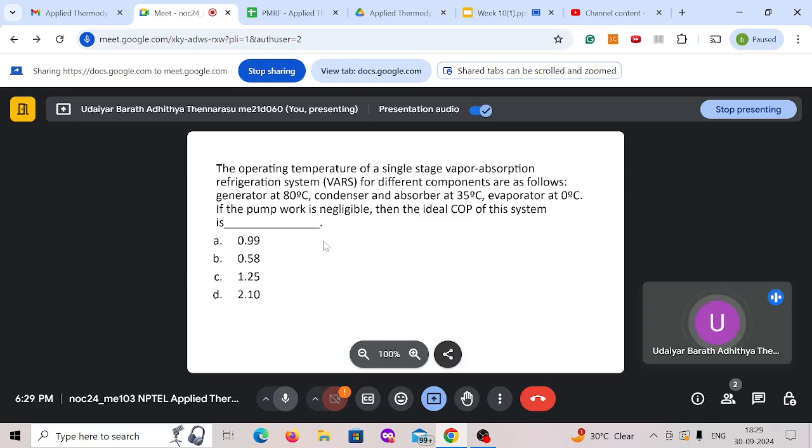So as I previously told while discussing the vapor absorption system, how that is equivalent to a heat engine driving a refrigerator, we'll use that concept here.